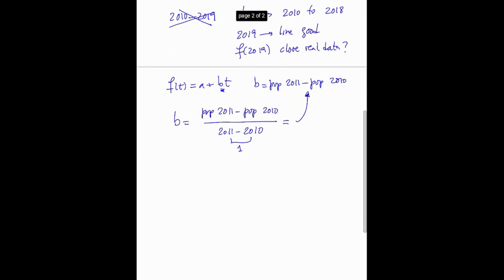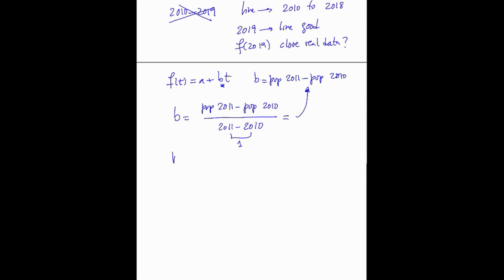But why take 2010 and 2011? Why not take 2011 and 2012, and so on? Well, the best way is to take the slope b between 2010 and 2011, then between 2011 and 2012, and all the way up to 2017 and 2018.